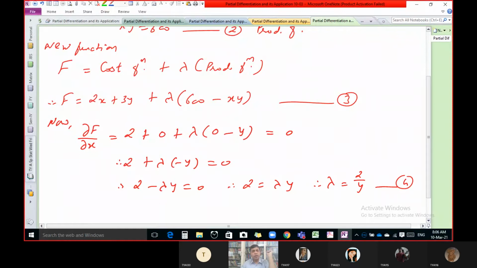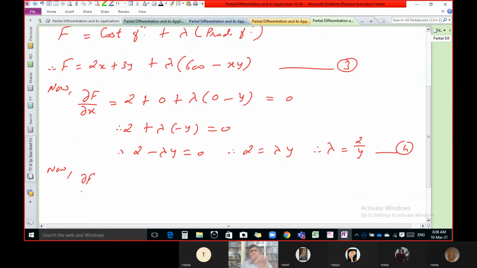Now differentiate equation 3, that means F, with respect to y, keeping x constant. So it is delta F upon delta y. Tell me the derivative of 2x with respect to y: 0.